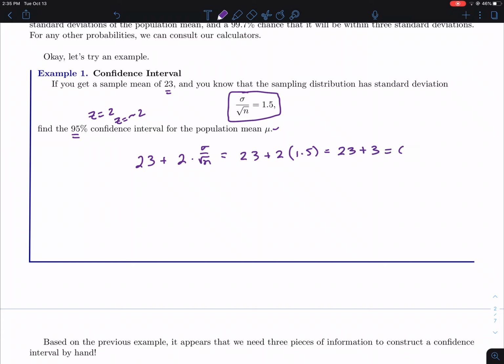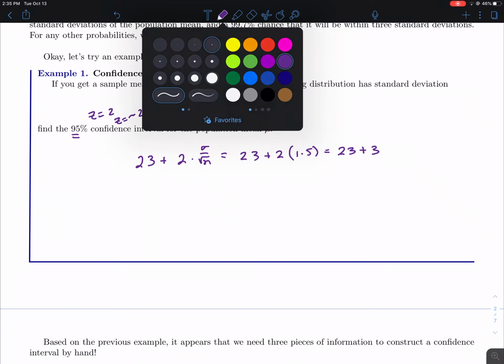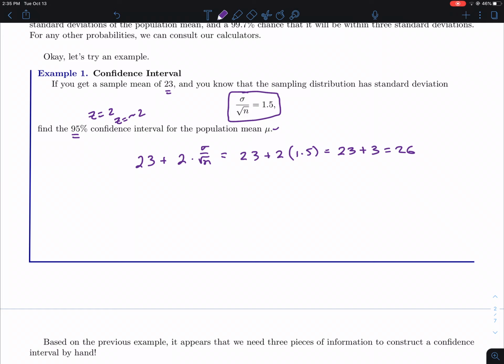So this is going to be my upper bound for the confidence interval that I'm building. Now I want to do the exact same thing, but subtract 2 times the standard deviation.